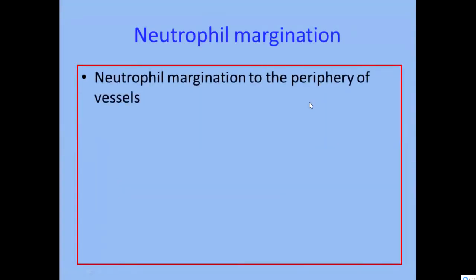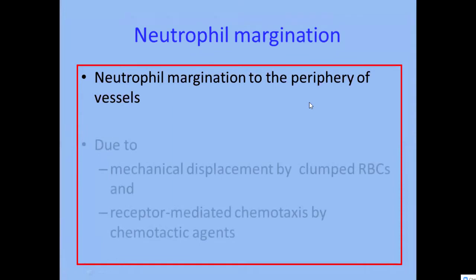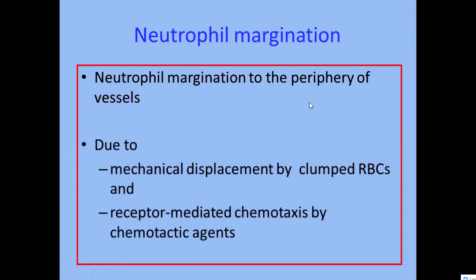Neutrophil migration, margination of the neutrophils to the periphery of the blood vessels. It is due to mechanical displacement of the clumped RBCs, because there is disruption of the laminar flow. The RBCs which are moving at the periphery will come to the center.